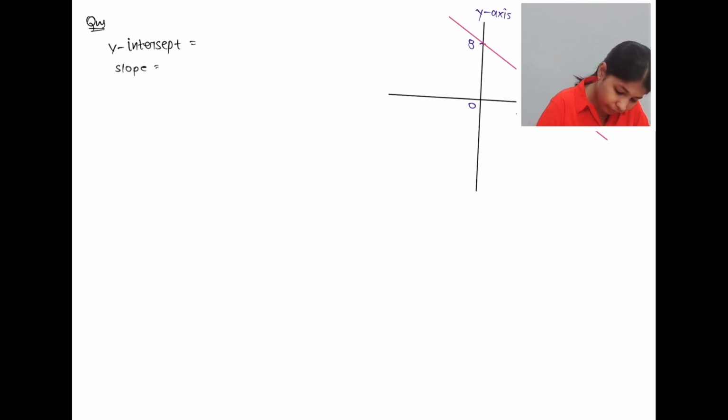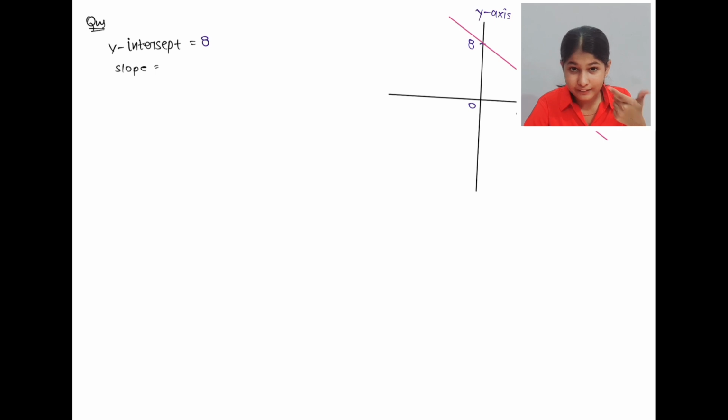So what is the slope given? 8. Then for the slope, the value of theta is not given. Can you see here that the theta value is not given? Theta is just written as theta.